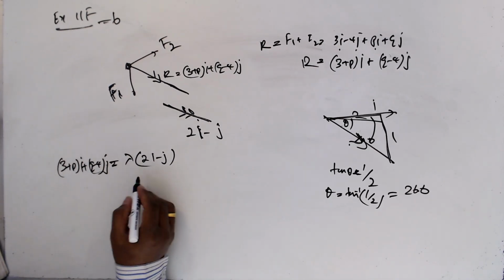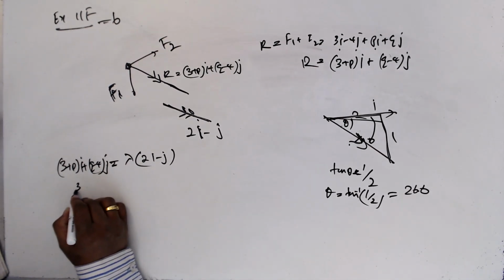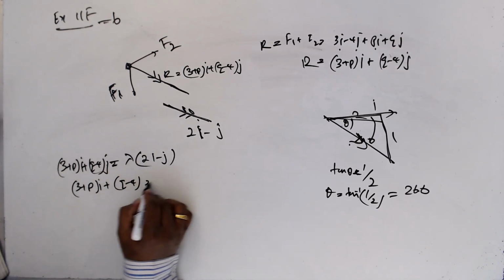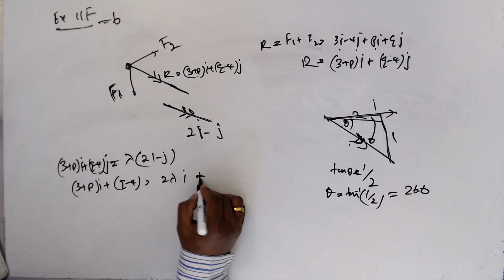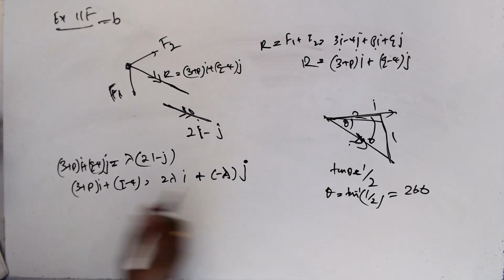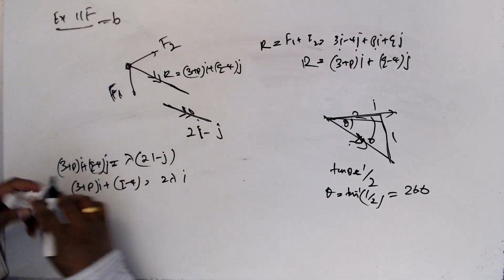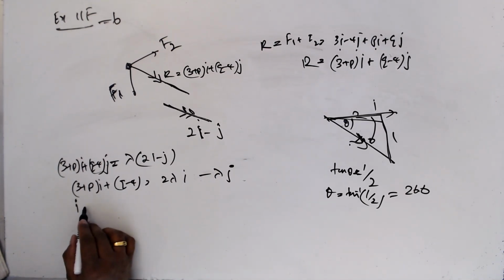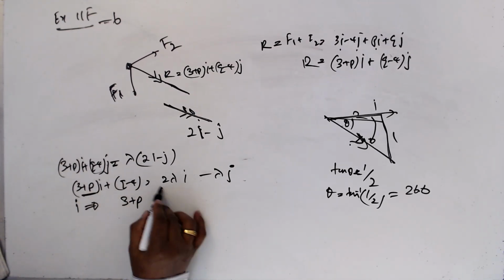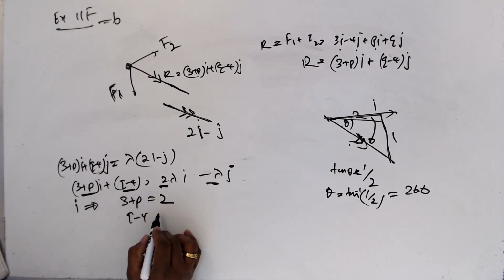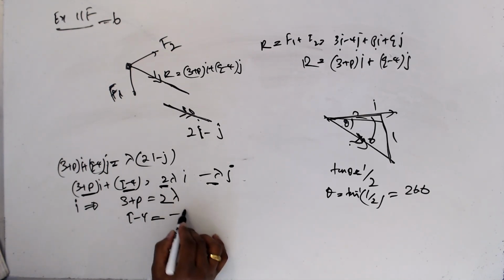Now we'll simplify this. 3 plus p i as it is, plus q minus 4 j equals 2 lambda i plus minus lambda j. Now when you check coefficients of i, 3 plus p equals 2 lambda, and the coefficient of j, q minus 4 equals minus lambda.